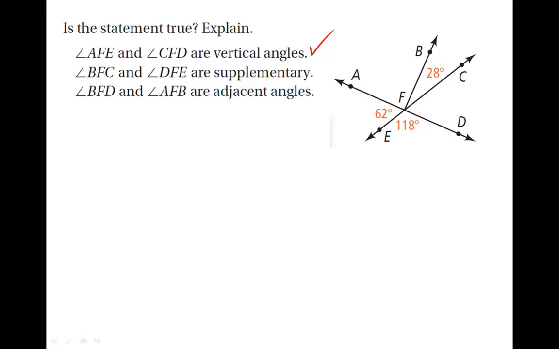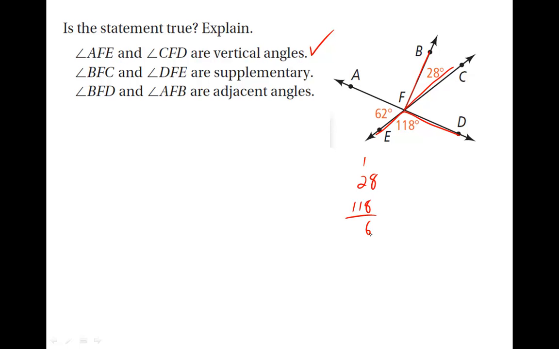What about BFC and DFE? You want to see if those are supplementary. So here's BFC and then DFE. Again, we're given the measurements. So if BFC is 28 and DFE is 118, I just have to add those up and check if they equal what. Remember, supplementary is 180. So I'm just going to add the ones digit, 8 plus 8, 16.